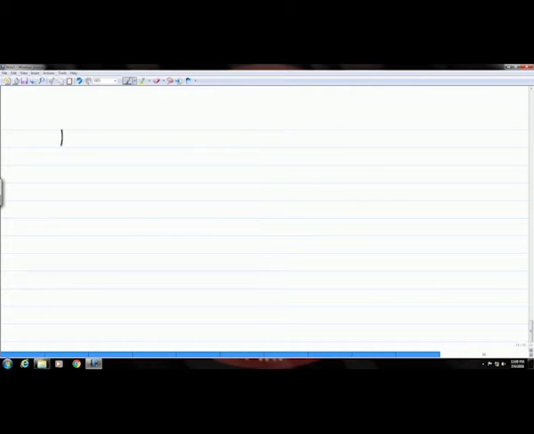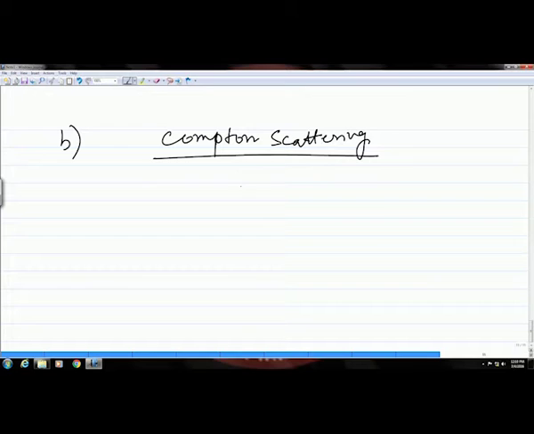The second one that we have is known as Compton scattering. So, in this case also again the X-ray photons are going to interact with the electrons in the atom.